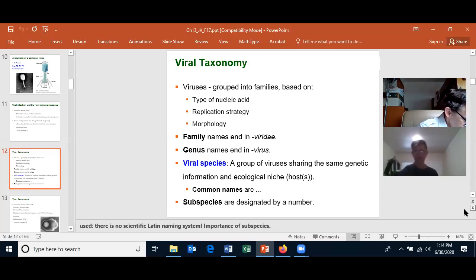And then another polio virus, a different subspecies, is the one we use for the live vaccine to prevent polio. So that tells you how different the viral subspecies can be. One causes disease, and the other one we're using as a vaccine to prevent polio. Any questions about any of that?